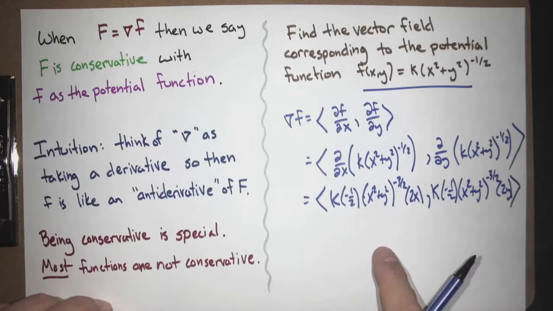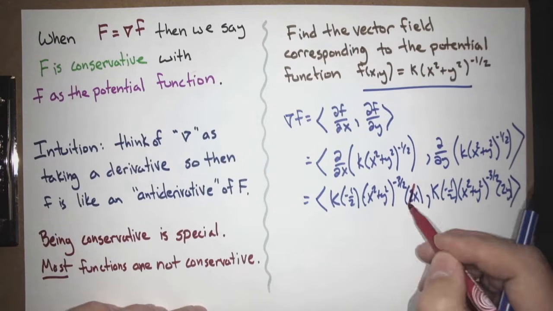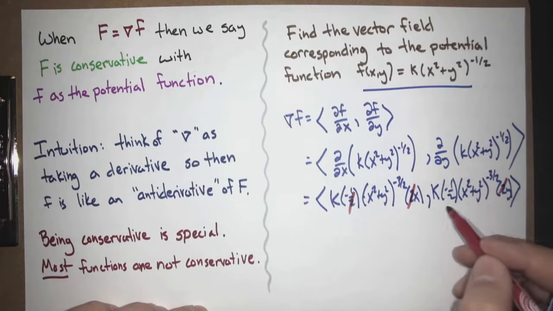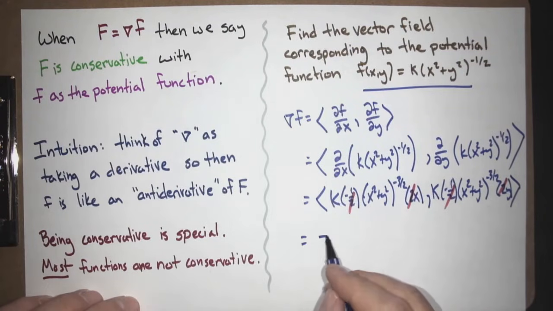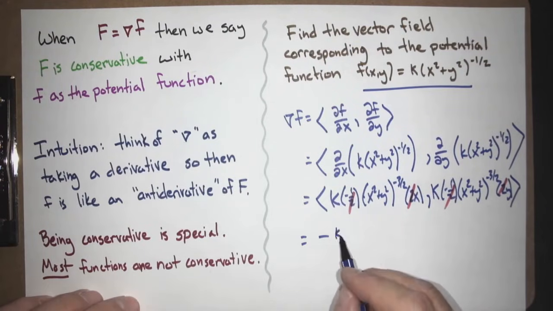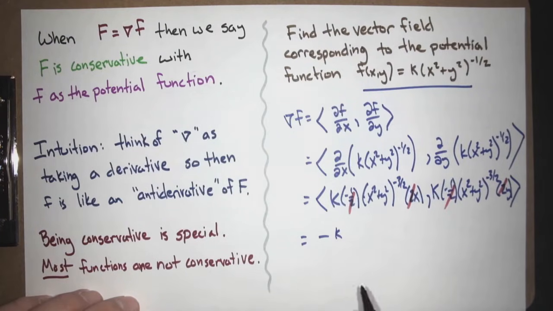Well, they have stuff in common. We'll notice a few things really quickly. The 2 and the half cancel in both cases. Let's factor out the common stuff. They both have a negative. They both have a k. What else do they both have?